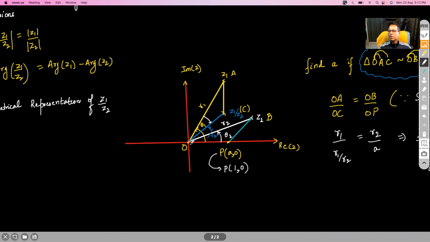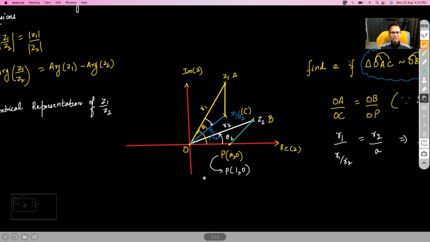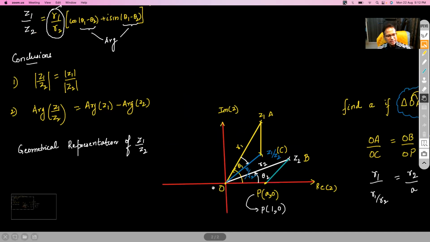Make a triangle OAC similar to OBP, and you will realize then that your point C, because O is known and A is known, that C point will be the Z1 divided by Z2 point. Is it fine? Any questions, any concerns, anybody?